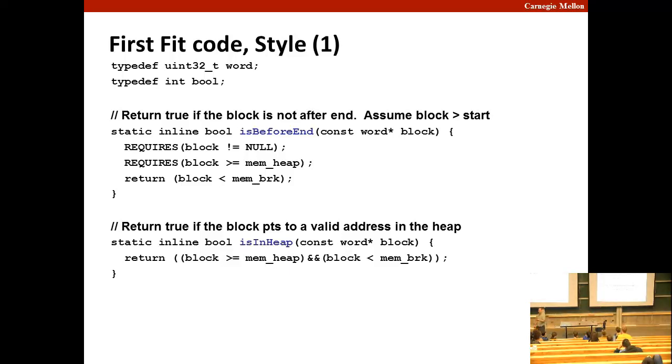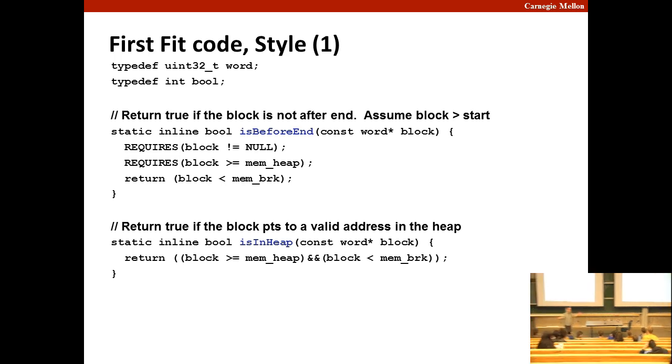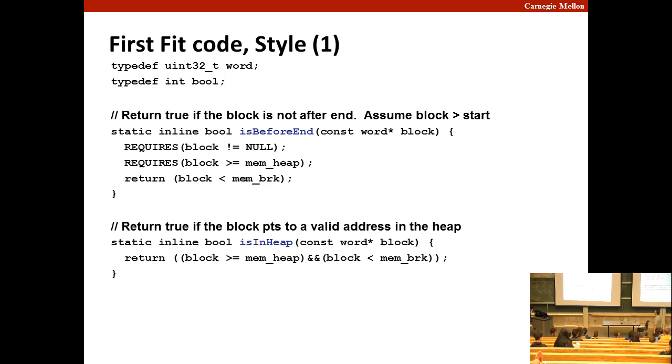The downside is that the program can get big fast. If it's a big and complex function and you inline it, there are going to be a whole bunch of copies of that function in your code. So inline functions are designed as a way of having small functions repeated, where the size of the function isn't worth jumping, because you're not saving much. Okay? So here we just have a function called isBeforeEnd.